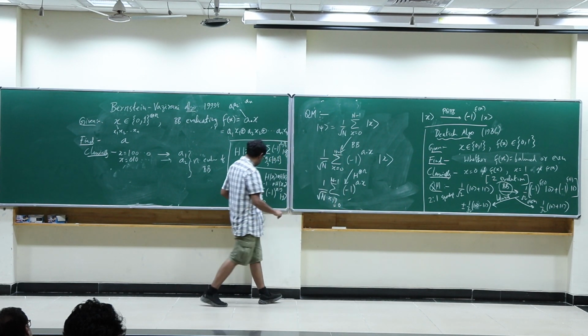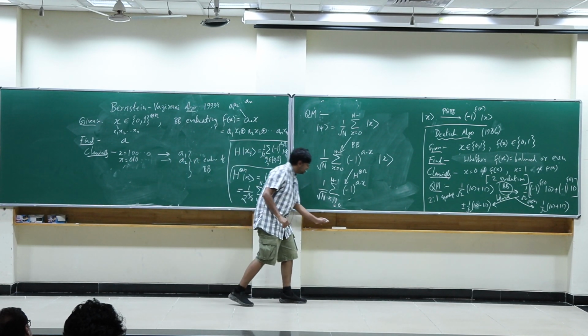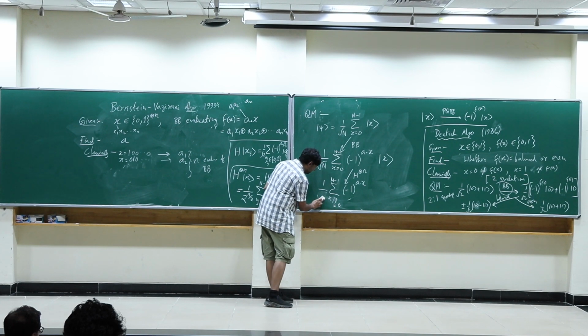I am doing this Hadamard transform. There is one more 1 by square root of capital N, so this will become n.